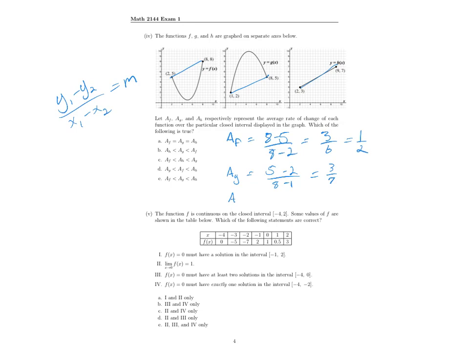And our AH will equal 7 minus 3 over 9 minus 2, which equals 4/7. So we're saying that the slope of the lines I originally drew on each of the three graphs is respectively 1/2, 3/7, and 4/7.